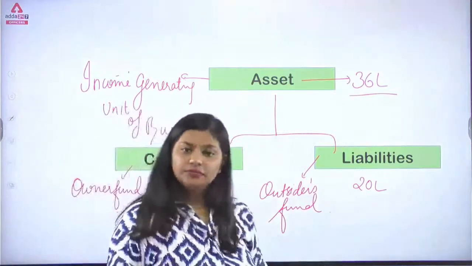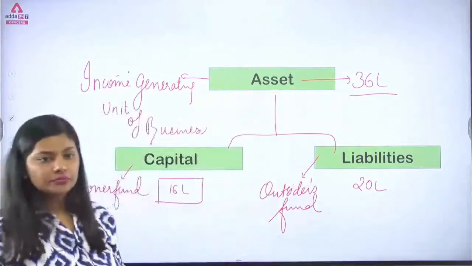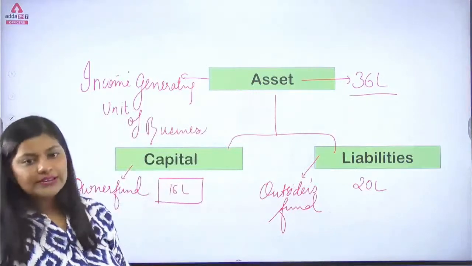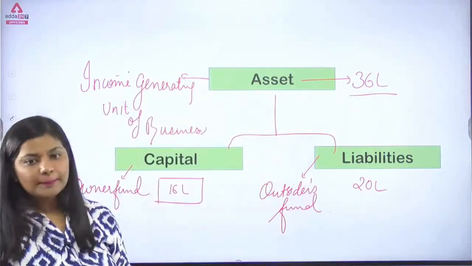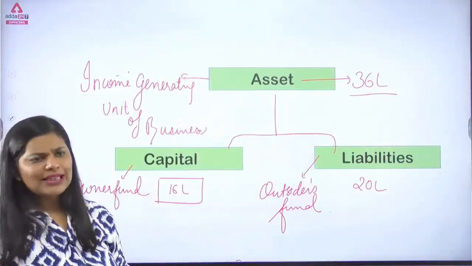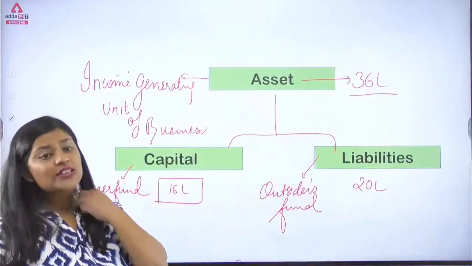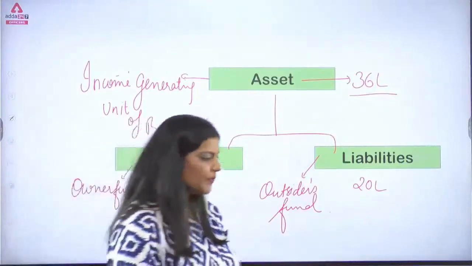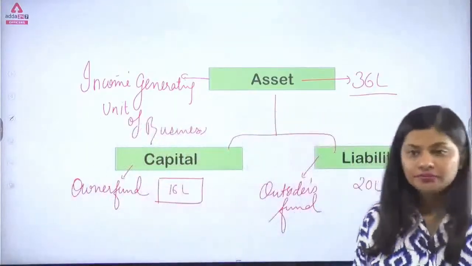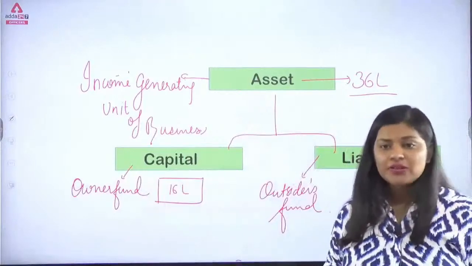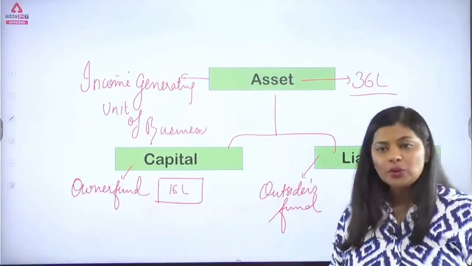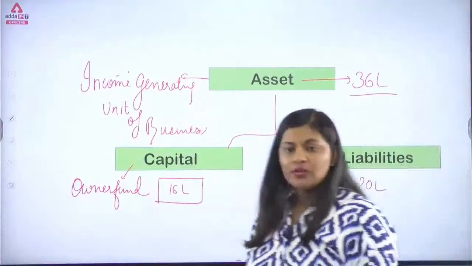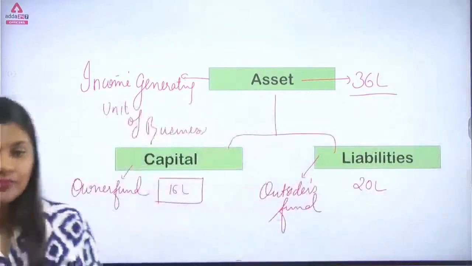Liability is outsider's fund. Correct. All of you clear till here? Liability is not a part of asset. It is the source of fund. For example, Shanku sir, if you purchase a house on loan, if you're taking a home loan from the bank, will that loan form a part of your house?